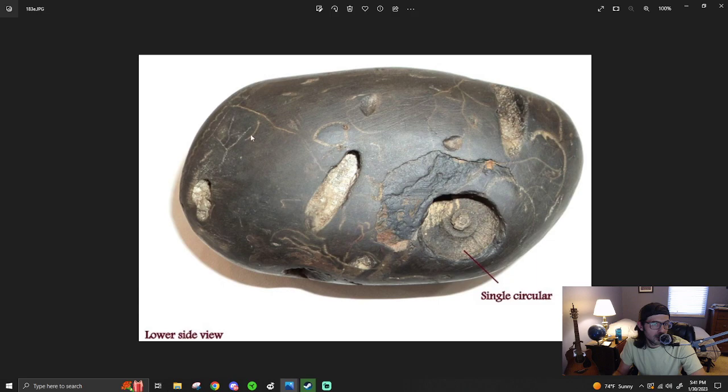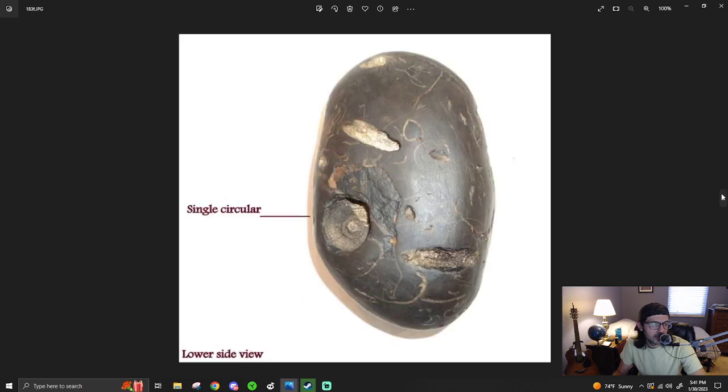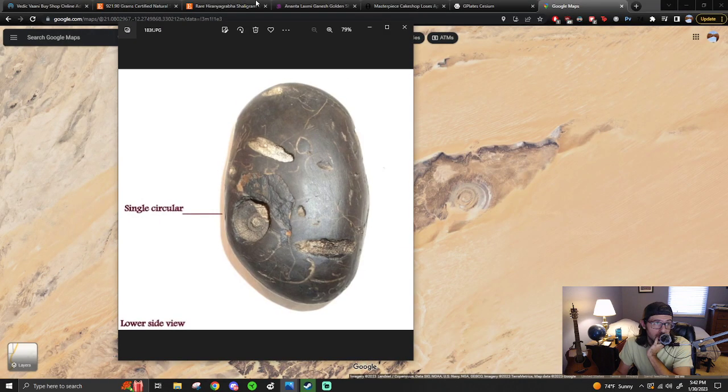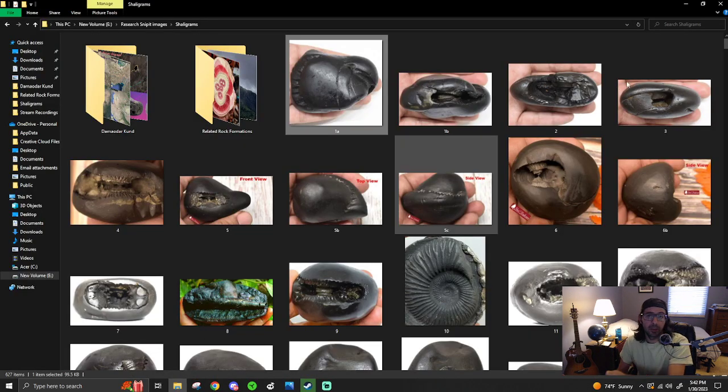I think it's this side with the chakra. It's hard to say. Let's open two of them.